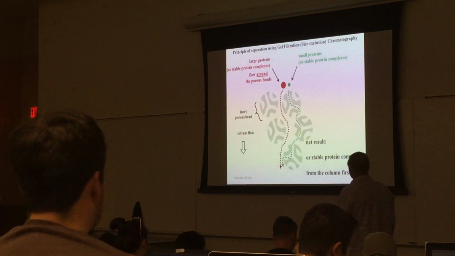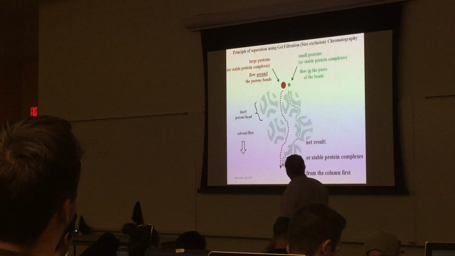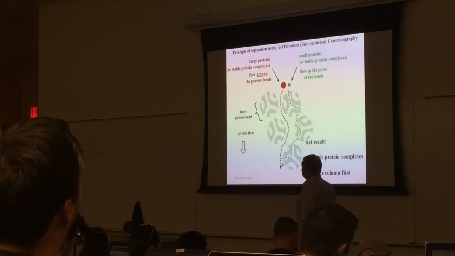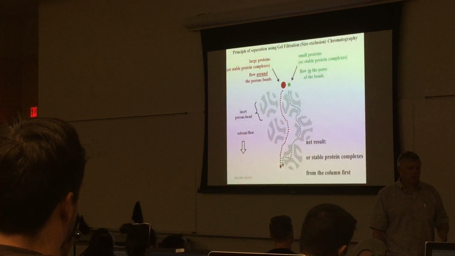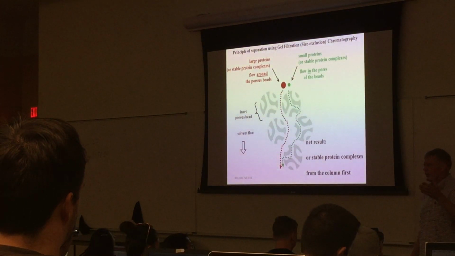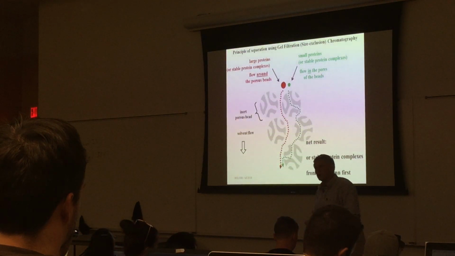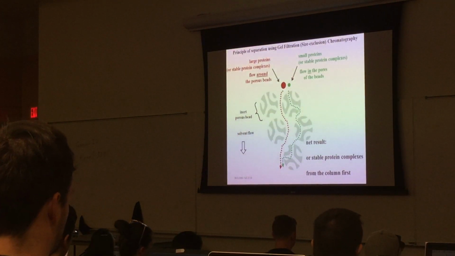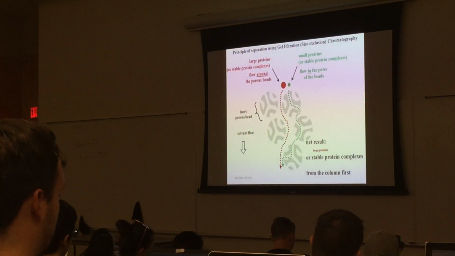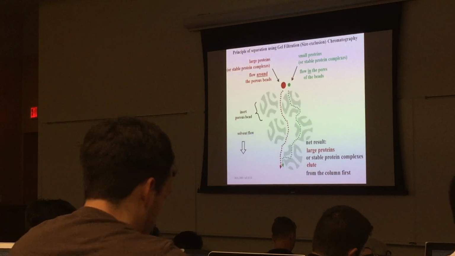Where small proteins or small stable protein complexes flow in the pores of the beads, and they also go around the beads. So we know the quickest distance from point A to point B is a straight line. In the case of the large beads, they're not going through a straight line, but they're not getting stuck in the pores. And so they're going to be the first ones to elute. So the large proteins or stable protein complexes elute, come off the column first.